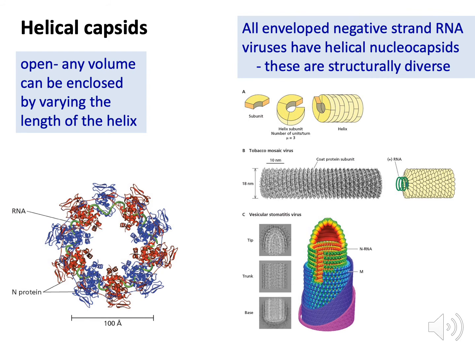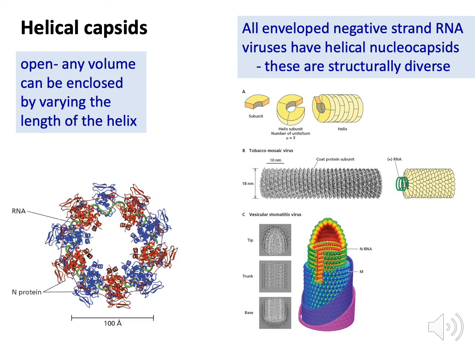Helical capsids are open, and so it's interesting because then any volume can be enclosed by varying the length of the helix. If the nucleic acid molecule was longer, the helix would just be longer, or shorter.